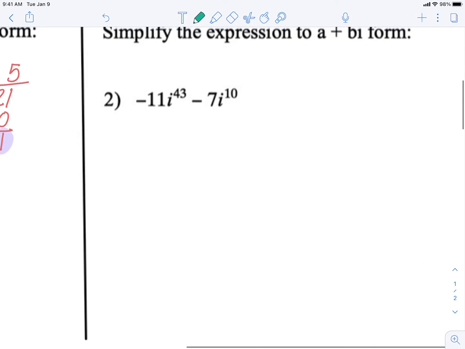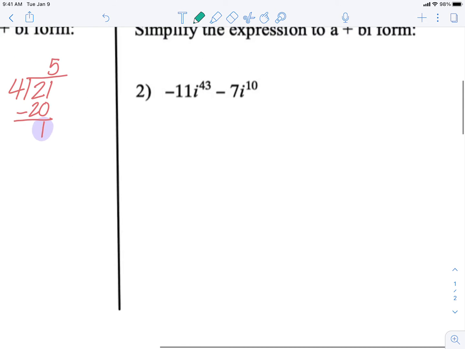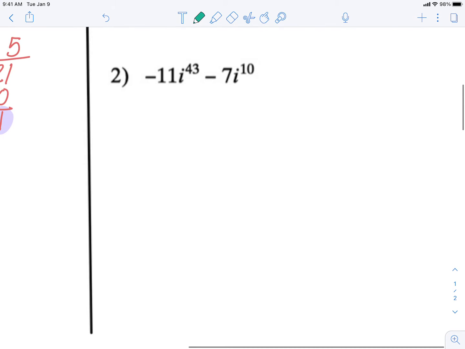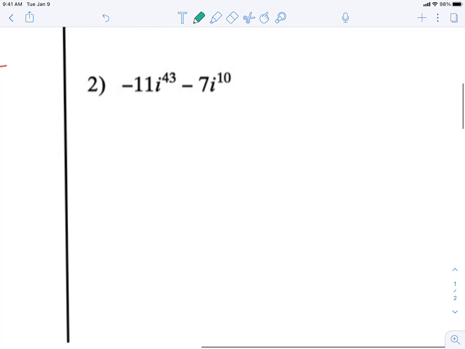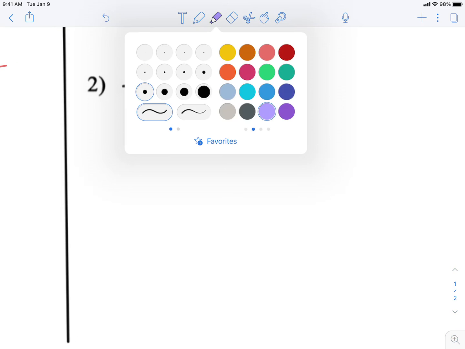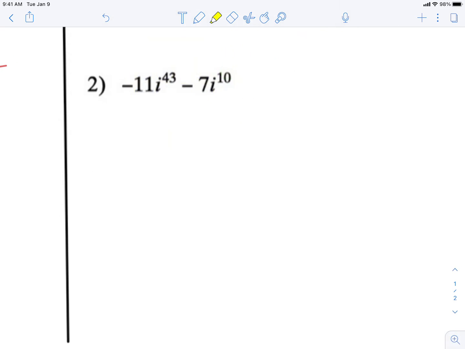So this one looks a little different, right? This one looks a little different, but we're technically going to do the same steps. Okay. So let's deal with this guy first. Let's deal with that first. So we're going to say negative 11 times I to the 43rd.